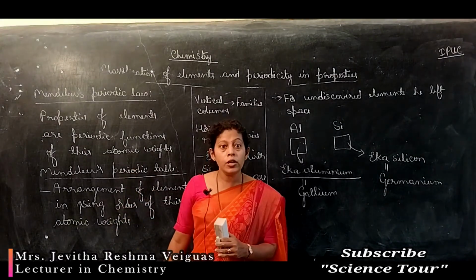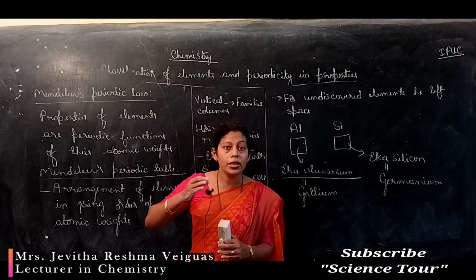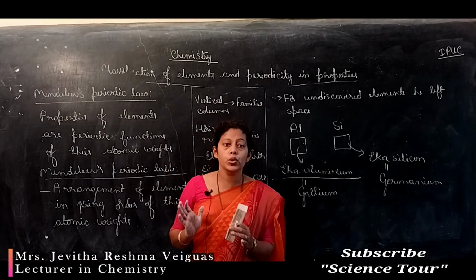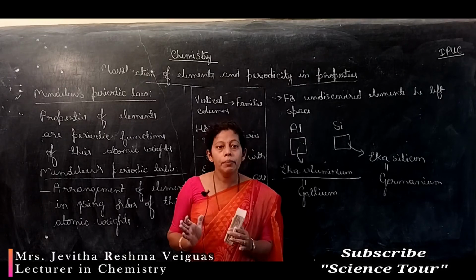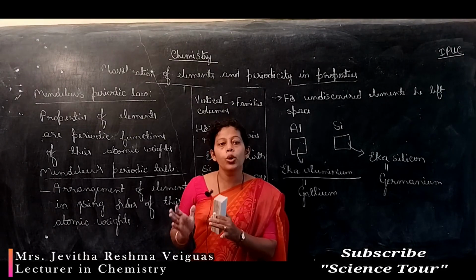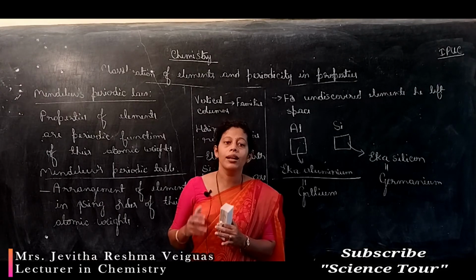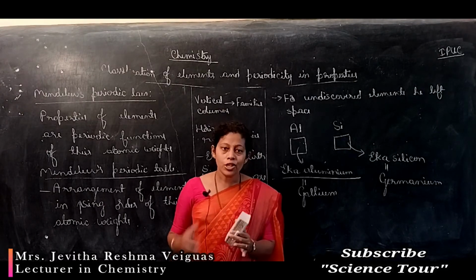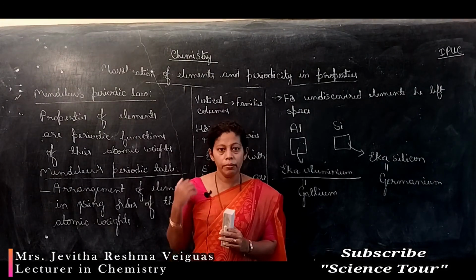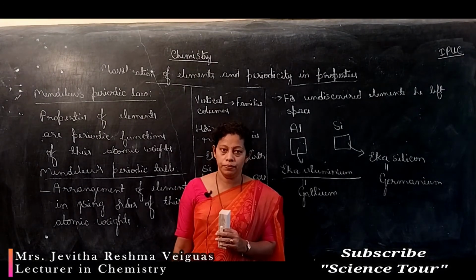Actually, Mendeleev's periodic table is arranged in the increasing order of atomic weights, but in some places you will find the element with higher atomic weight kept first and the element with lower atomic weight kept later. Such adjustments were made in Mendeleev's periodic table.